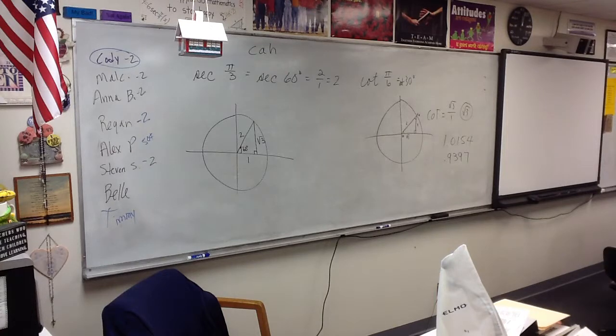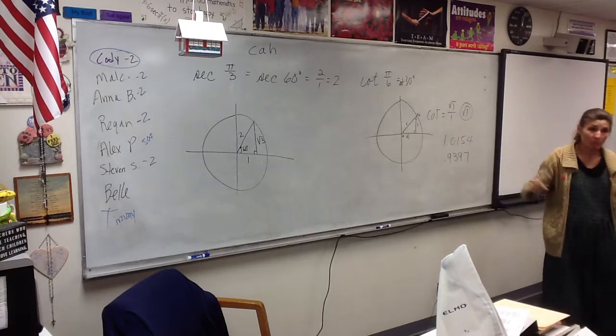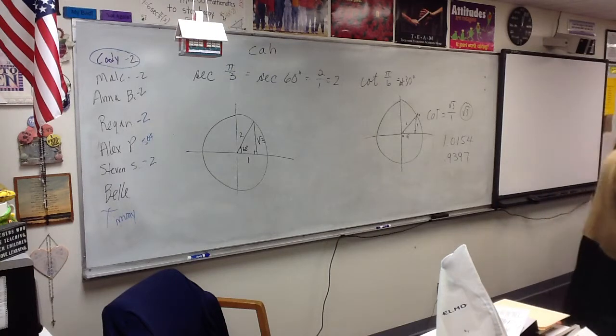Is our quiz tomorrow just over this? Your quiz tomorrow is that one problem we practiced. This should have been last night's homework. You said last night's homework should have been given one function, find the values of the other ones.